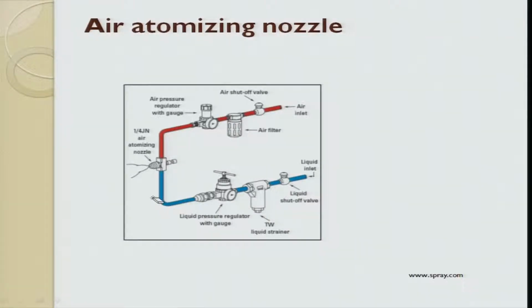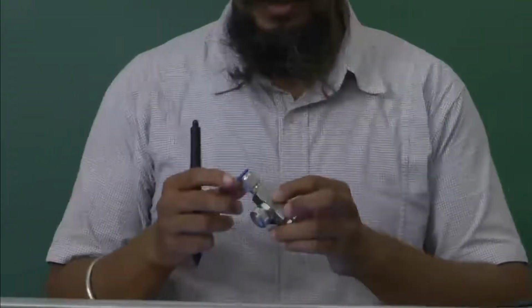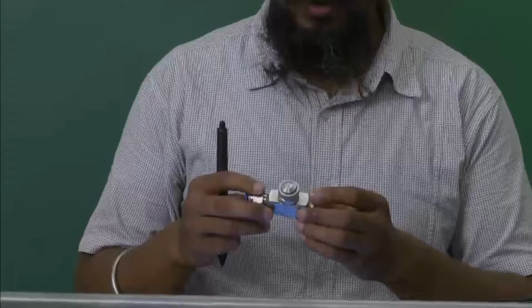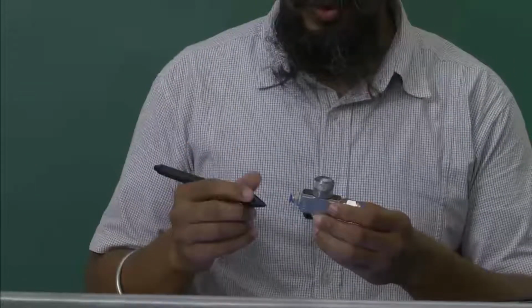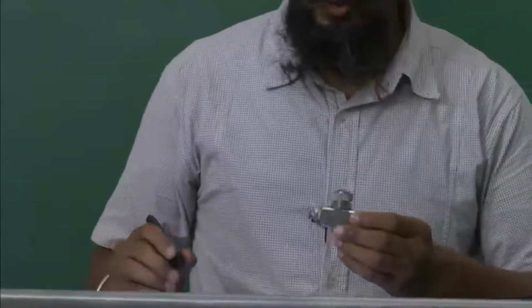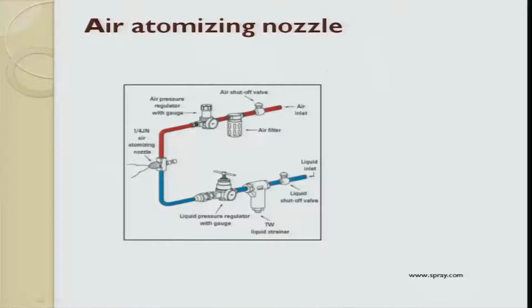So the next gadget I have in my hand is the air atomizing nozzle, right. This is an air atomizing nozzle that we also call from US only. So generally there are two types of setups for atomizing, like for producing mist.